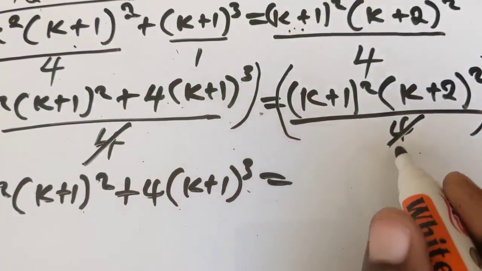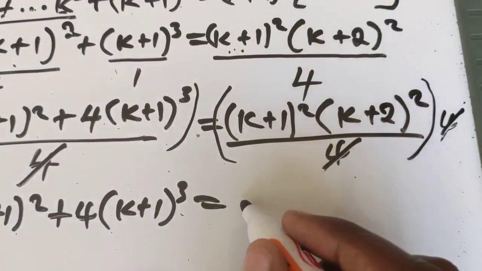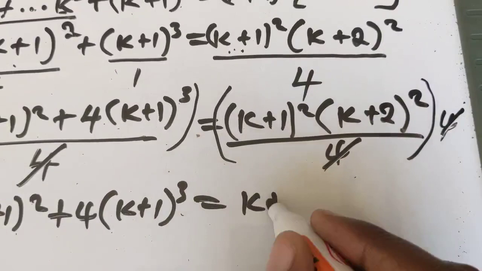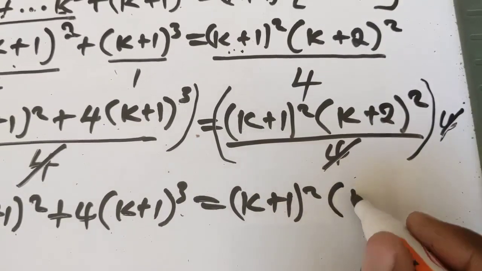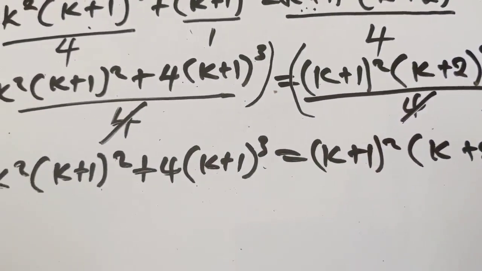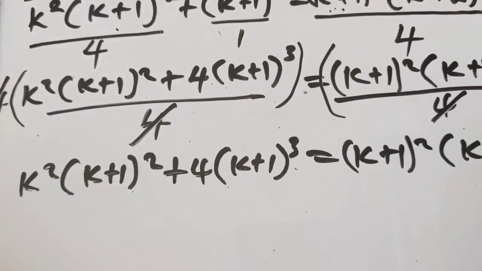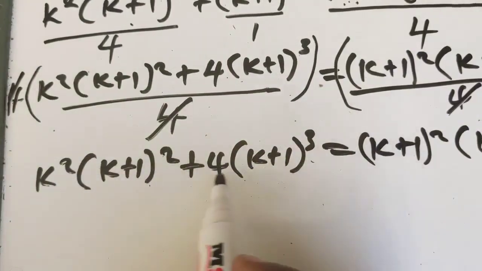Then it is equal to, since these 4 are gone, you are going to remain with k plus 1 to the power 2, then open bracket, k plus 2 to the power 2, like that. So this is the expression that we have here. So now here you can factorize this.